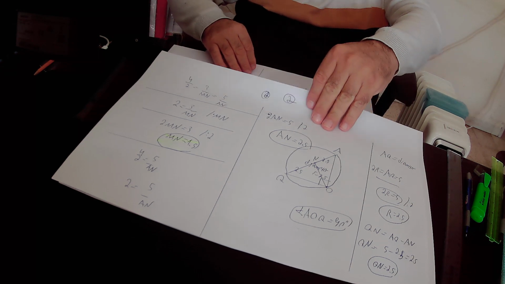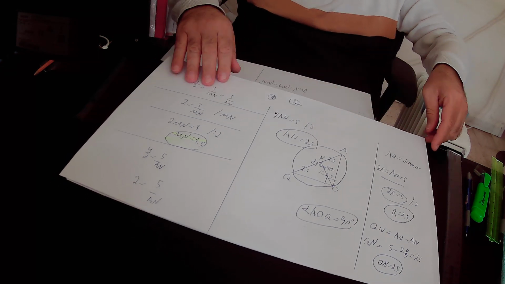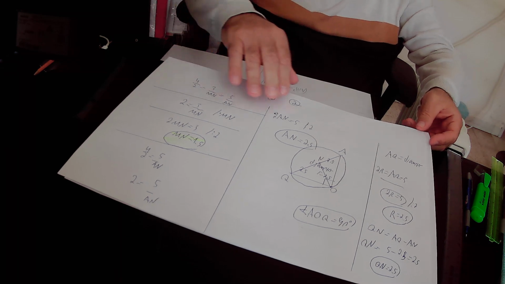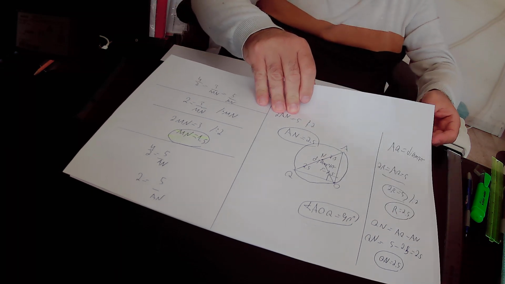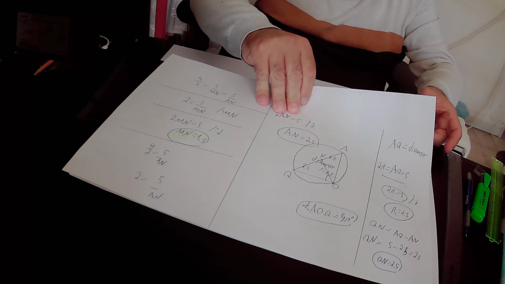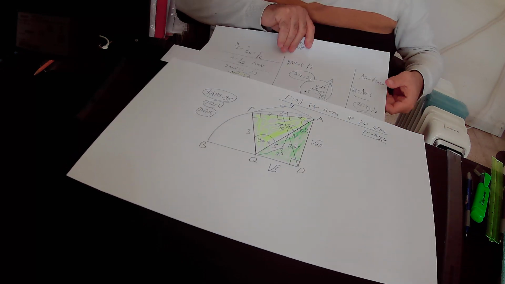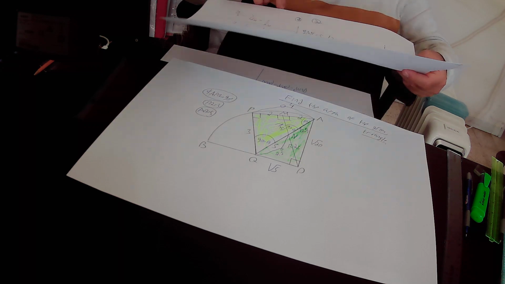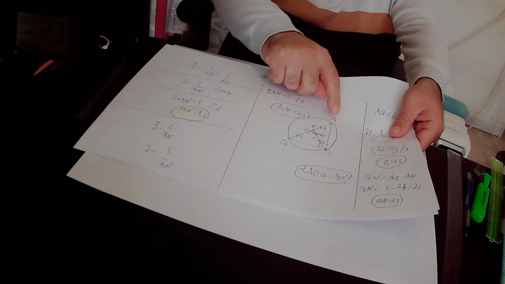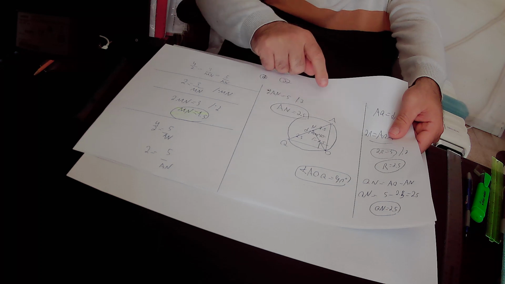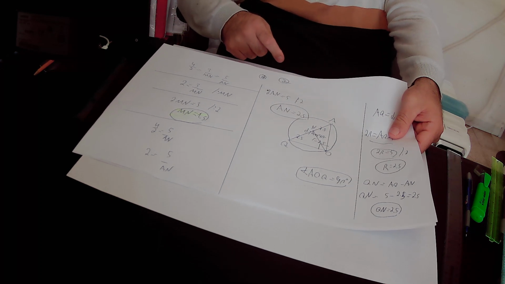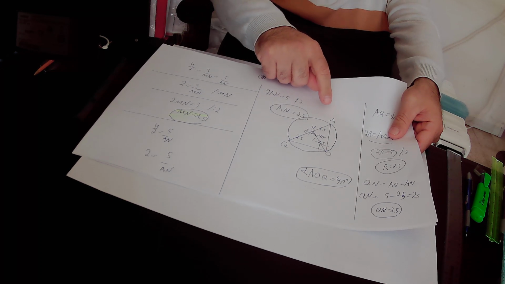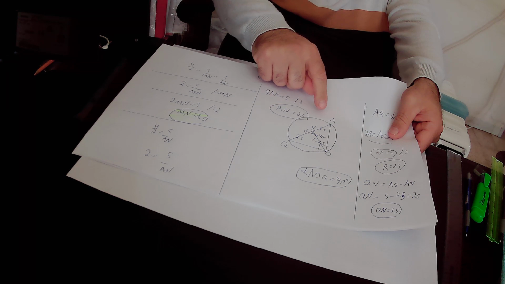We have here peripheral angle AOQ that is equal to 90 degrees, and therefore it must rest on the diameter of the circle.